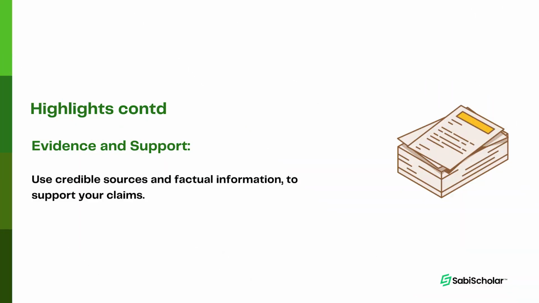So another highlight is evidence and support. You have to use credible sources such as academic articles, statistics, expert opinions, and factual information to support your claims. So ensure that the evidence is relevant and effectively backs up your argument.